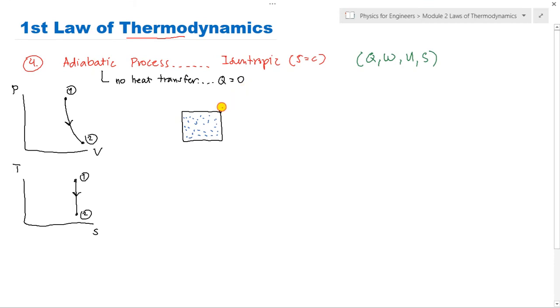If this tank is properly insulated, or, the most common case, insulated and surrounded so there is no heat loss. So assuming no heat loss or heat transfer, no heat loss and no heat gain.